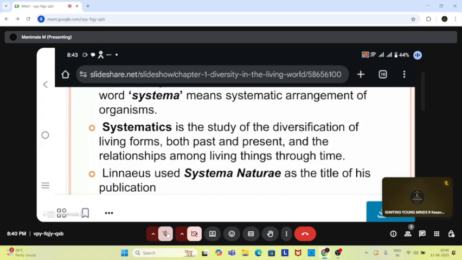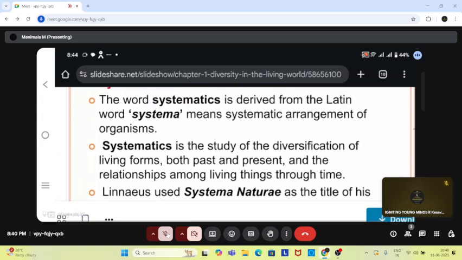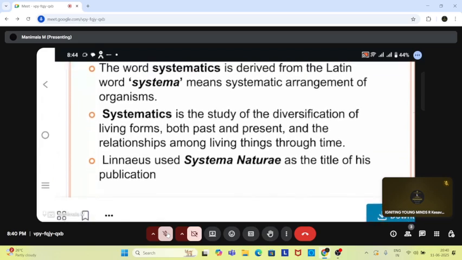Am I clear, children? So systematic is the branch of study about the arrangement of organisms. We do not arrange only based on present characteristics.